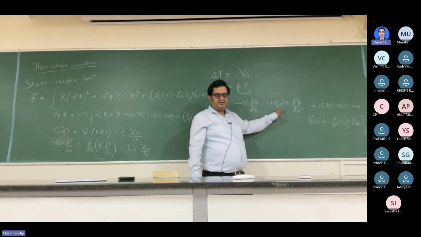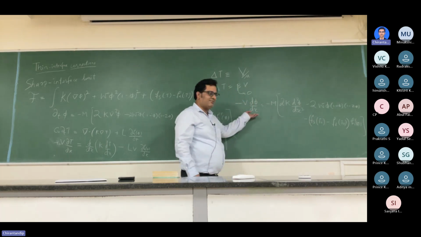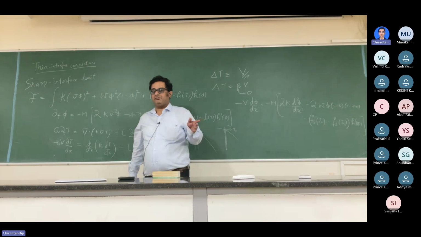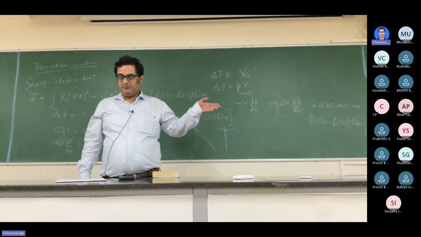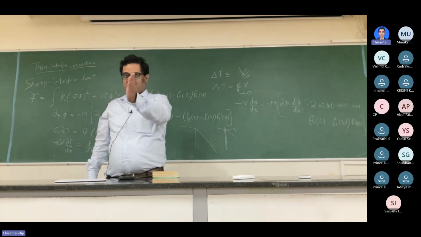You all know how to integrate this equation now, right? This is something we did yesterday. How do you do it? You basically integrate d phi by dx. Remember, the phi is moving here. This is not a stationary phi. The phi of x is moving.